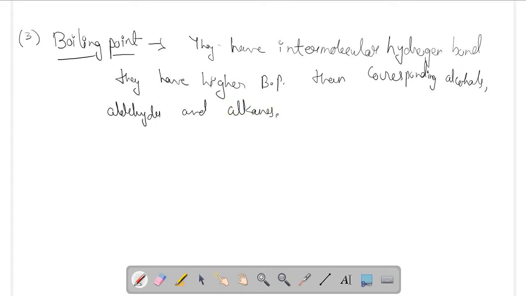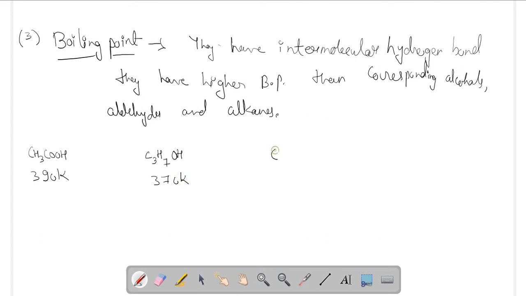For example, if you are comparing, for acetic acid the boiling point is 390 Kelvin. For propyl alcohol, that is C3H7OH, it will be 370 Kelvin.